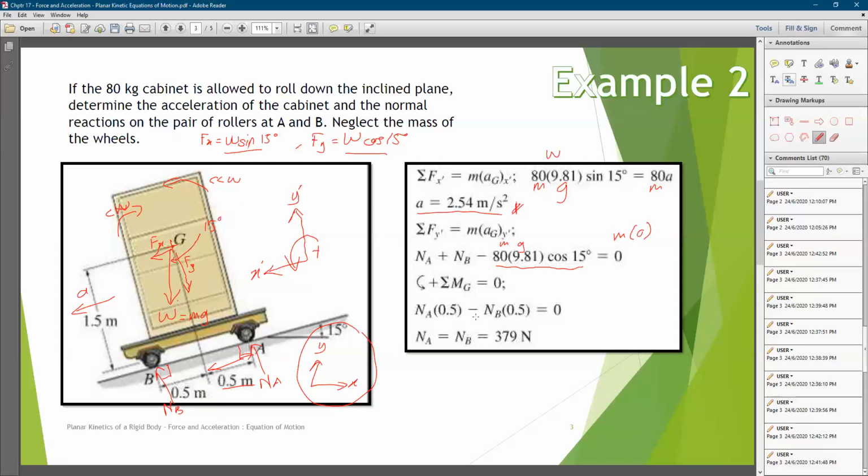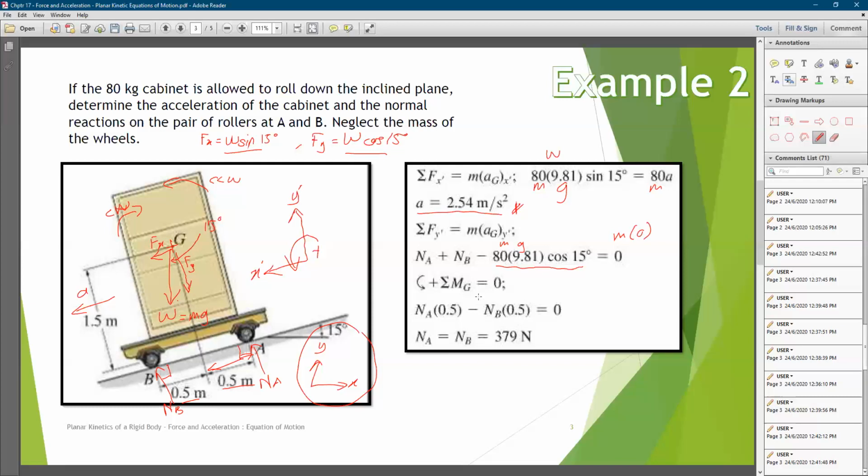So it is negative, and the perpendicular distance is 0.5, as given here. And everything here is equal to 0.